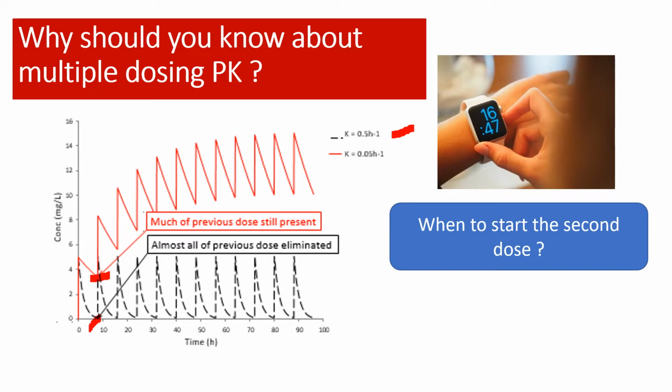In the upper trace, drug elimination is much lower, 0.05 per hour, and only a fraction of the initial dose has been eliminated by 8 hours. So the next dose is additional to a large residue still present in the body, and the second peak is much higher than the first. The third peak is still higher, and so on. This is referred to as pharmacokinetic accumulation, and it goes on and on until ultimately it reaches the steady state plasma concentration.